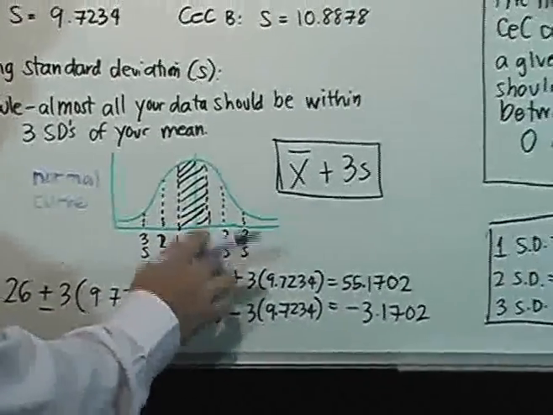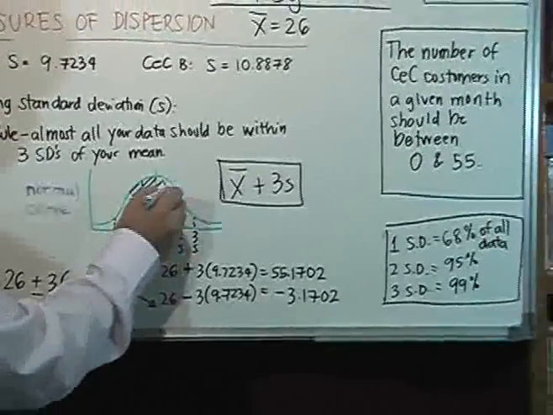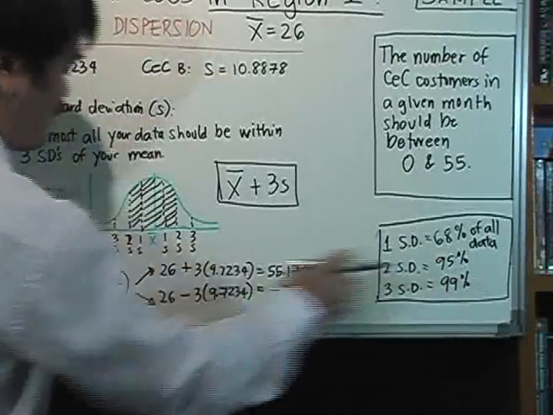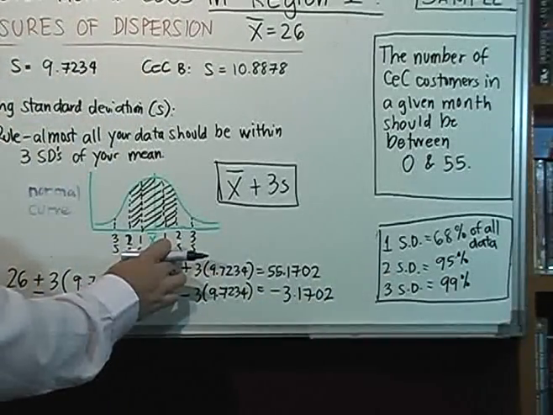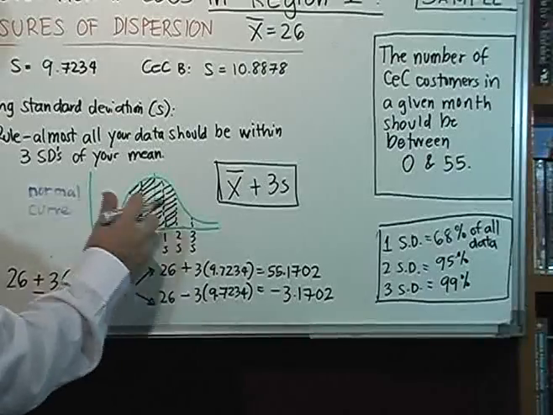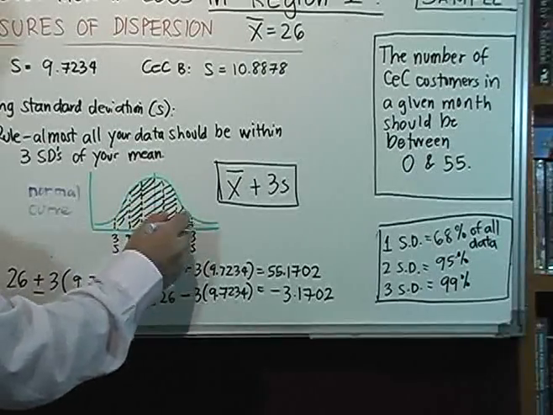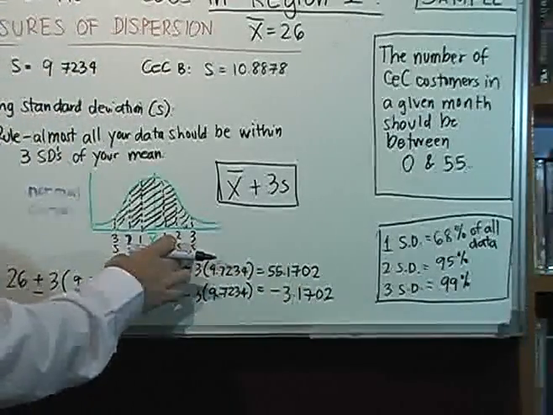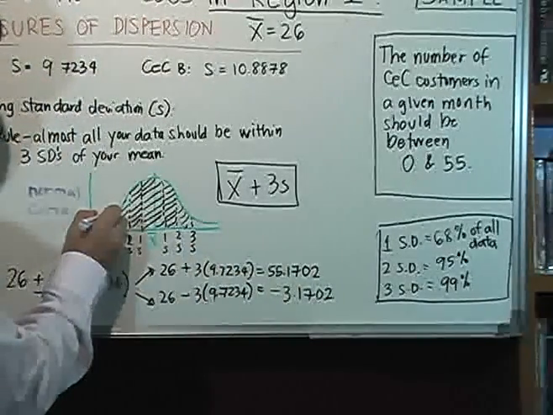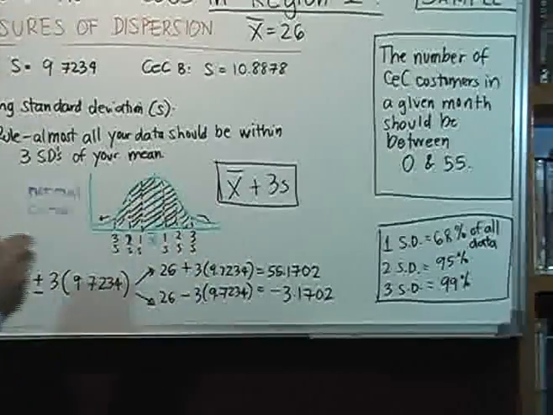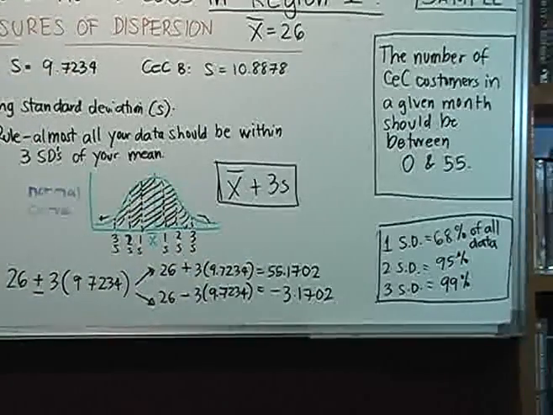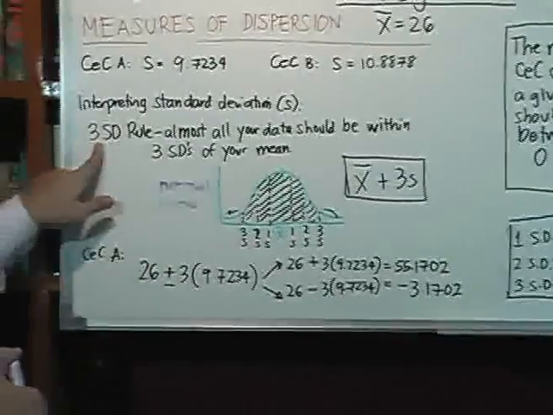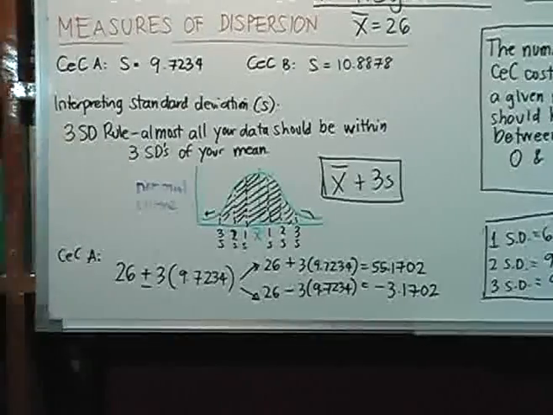If you include the area to encompass 2 standard deviations, it means that 95% of all data will be captured, and in 3 standard deviations, you will capture 99% of all data. So all observations that are outside 3 standard deviations are what you call outliers or anomalies. This is why we have the 3 standard deviation rule.